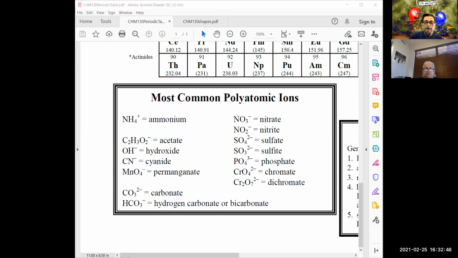Now, notice something about all of these polyatomic ions, the term ions. That means they have a charge. So the ammonium ion has a positive charge. The other ones have acetate. Acetate is used quite a bit as an additive. Next time you're reading a label, you might find something called potassium acetate.